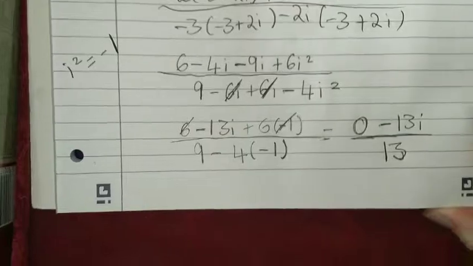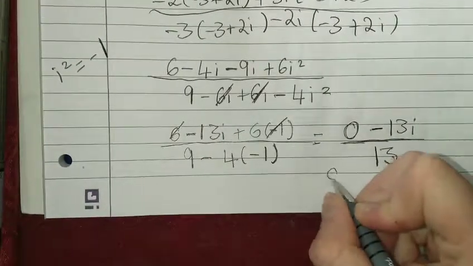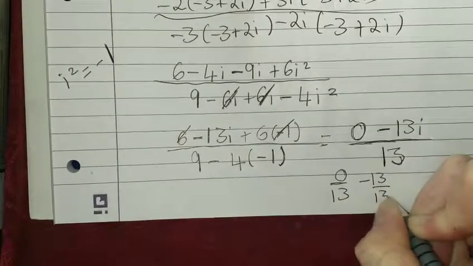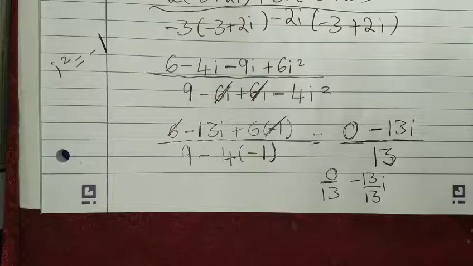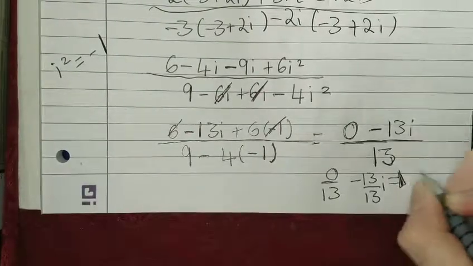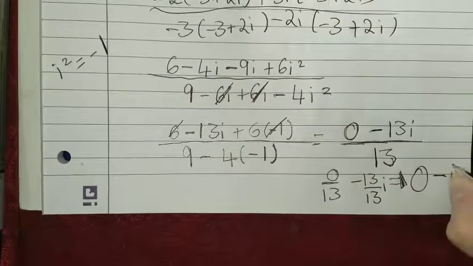So then I have to divide my real and my imaginary part by the bottom, so that will be 0 over 13 minus 13 over 13i. So then 0 divided by anything will just be 0, and then 13 over 13, that'll be minus i.